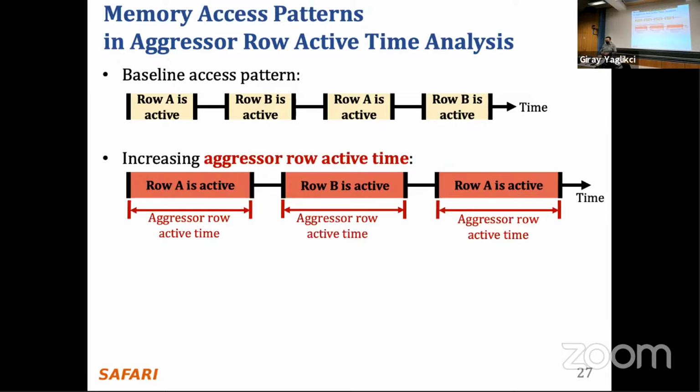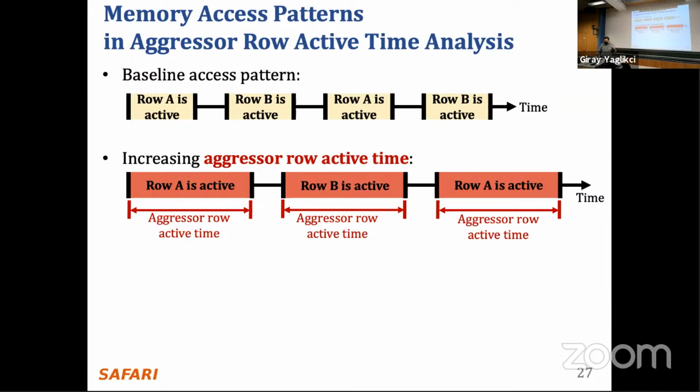In the first set of experiments, we increase the time where an aggressor row is active. So we activate, we wait a longer time, precharge, and then we wait exactly the same amount of time as the baseline, and then activate again.